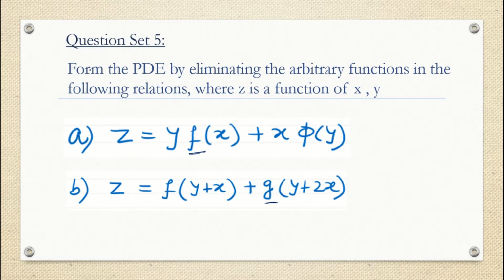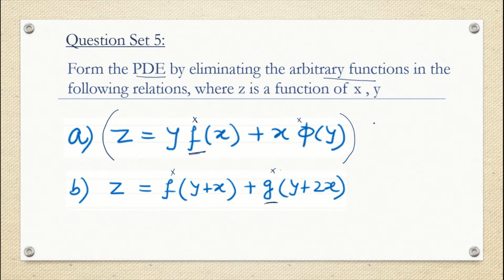So what you have to do is form the partial differential equation from the given equation by eliminating the arbitrary functions. That means your partial differential equation will not contain function f, will not contain function phi, or will not contain function g. So which things will be allowed in your partial differential equation?